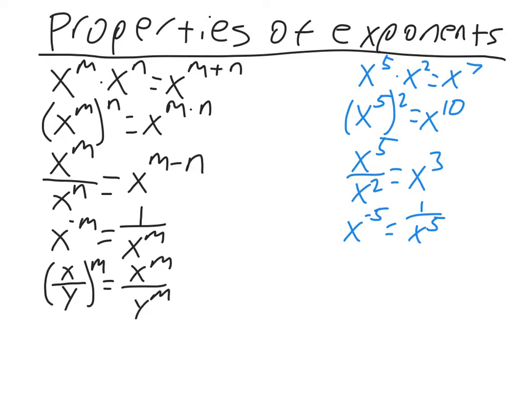Now you wouldn't be able to simplify those anymore because x and y are different bases. So an example of this could be x over y to the fifth, which would be x to the fifth over y to the fifth.